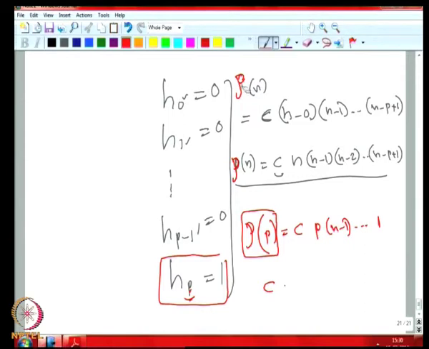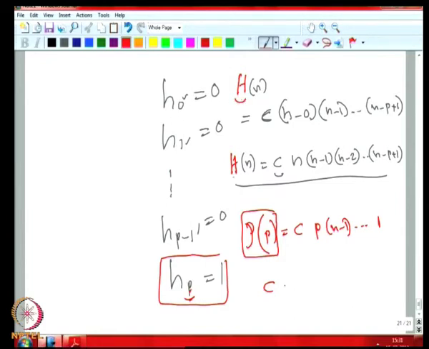Or I can always use the h itself for the polynomial. The only thing is that I use the capital H to denote that it is a polynomial, H of n, where n is to be considered as a variable. The h0, h1 etc. are the terms of the sequence, the small ones.